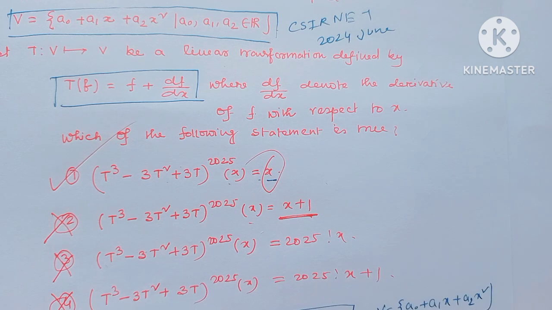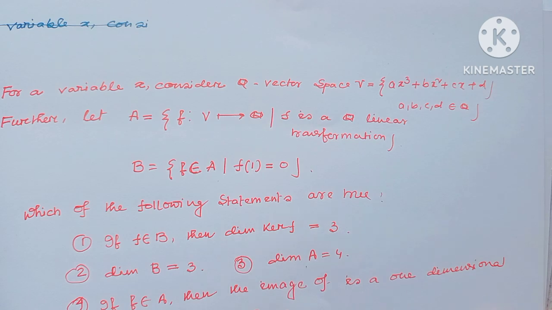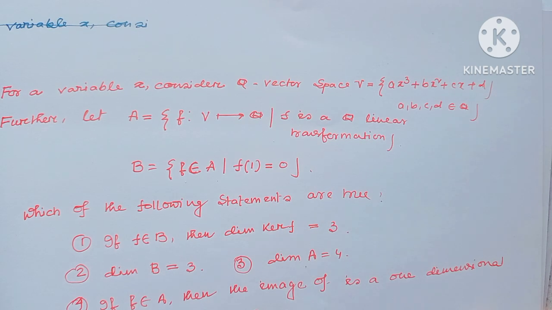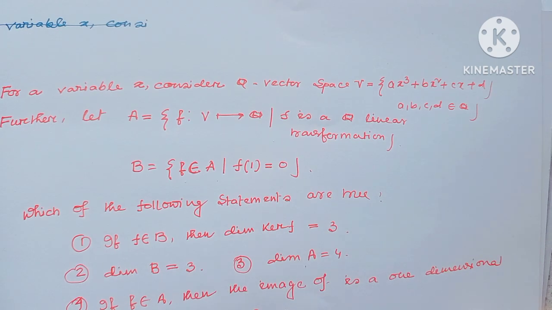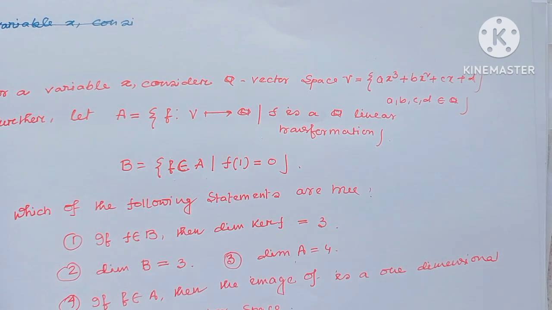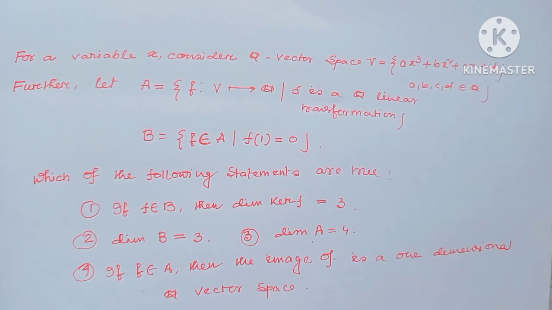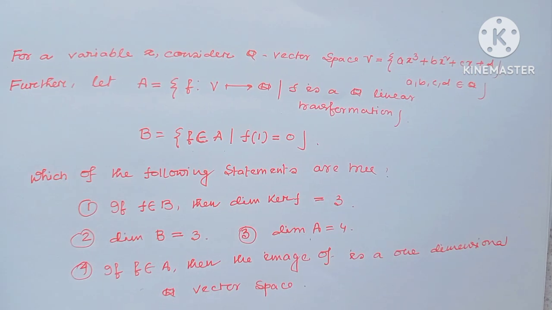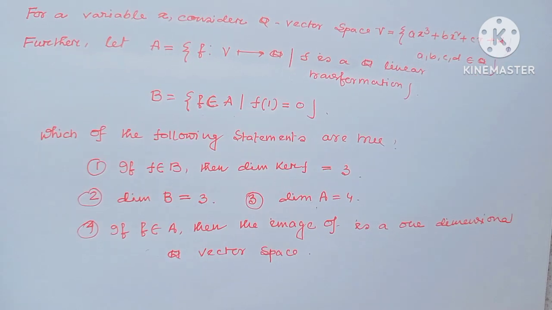Okay. Next question. For a variable x, consider the Q vector space V equal to a x cube plus b x square plus c x plus d, where a, b, c, d belong to Q. Now consider the set A of functions from V to Q, where f is a Q linear transformation, and B is the set of f belonging to A such that f of 1 equal to 0.